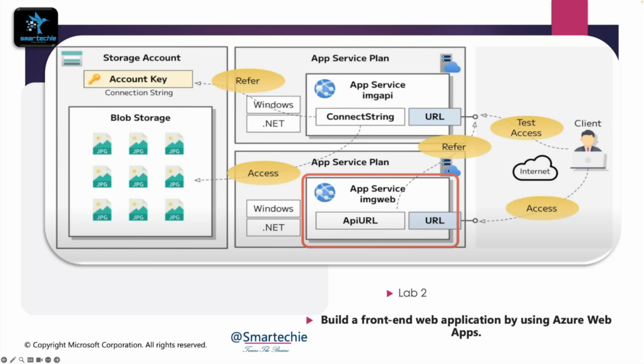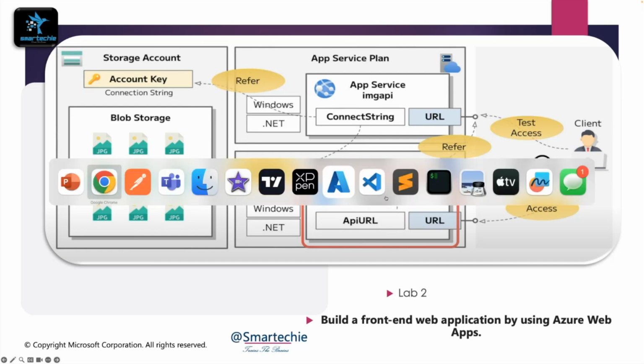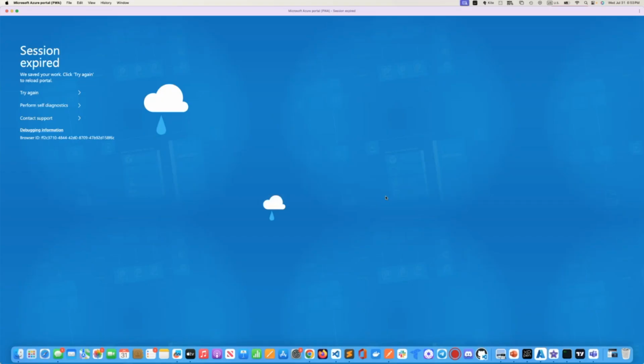Other than that, everything is almost the same, and it will not have any connection to the data store directly from the web UI. Okay, that's what we are going to build. Let's open our Azure portal.